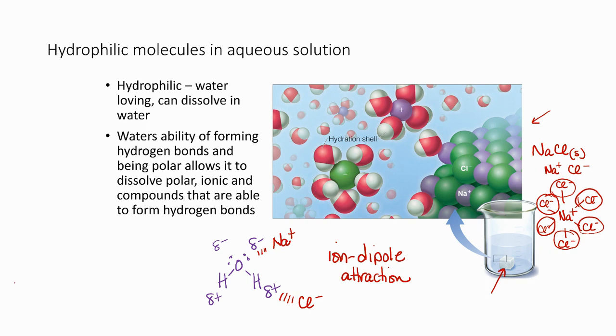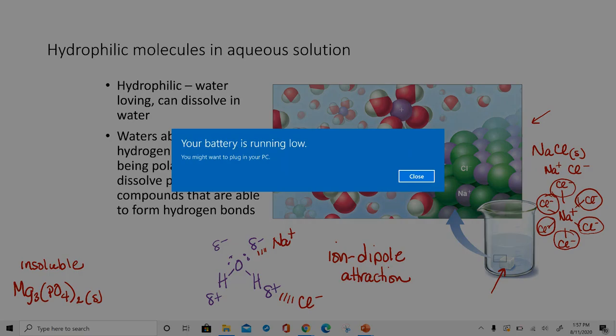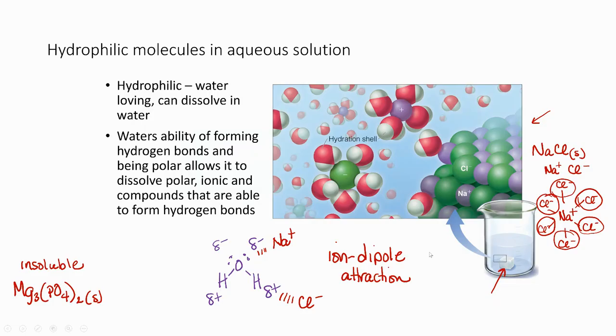So let's say you have magnesium phosphate. That's an insoluble salt. The reason why it's an insoluble salt is, let's look at the formula, Mg3(PO4)2.